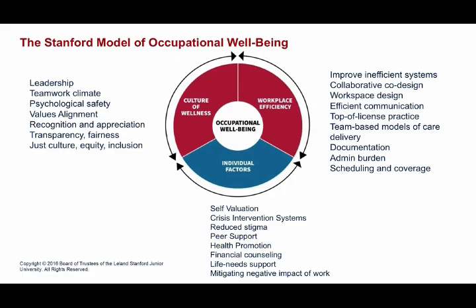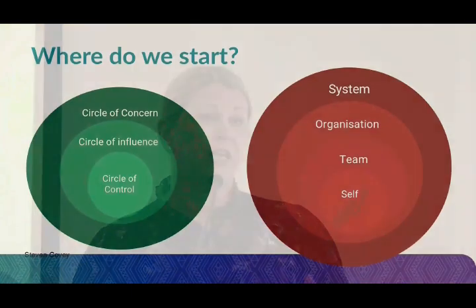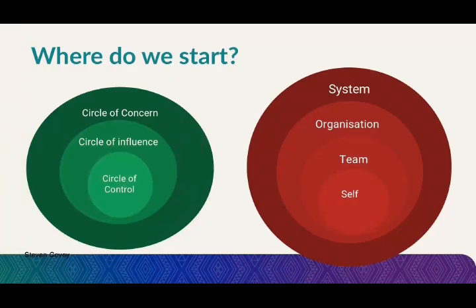So thinking about where we can start with this, given everything that's going on nationally, politically, in the world, I do find that there's a lot of people that are spending a lot of time out in what we might call the circle of concern, which is thinking about political decisions and funding cycles and all those things that are kind of outside of our control.